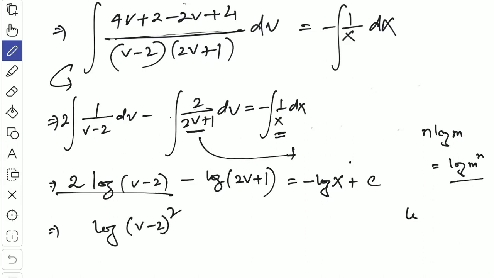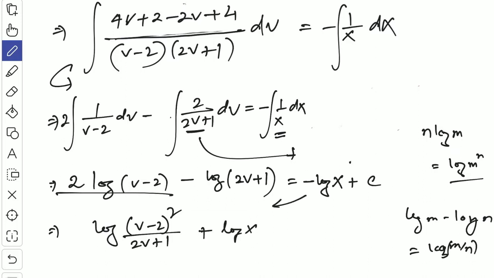Again, log m minus log n you can write as log m divided by n. If you apply that property, then you can write (v minus 2) whole square by twice v plus 1. And if you bring this log X to this side, you will get plus log capital X on the other side. Instead of c, let us consider this is log c.